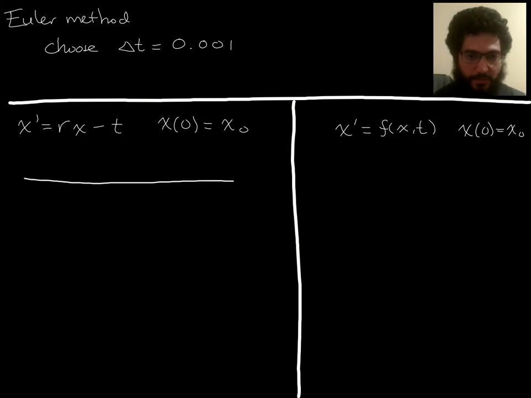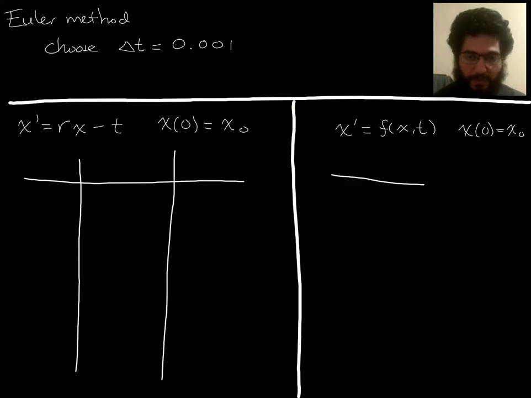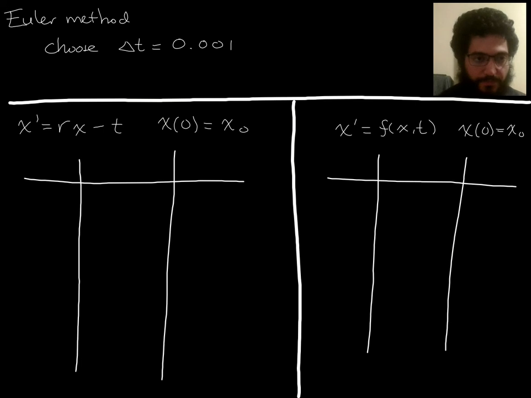So let's make a table, and the idea is to fill out the table as we go along. And I'm going to do this both in general and in the example. So I'm going to have a time column, and at each time I'm interested in knowing about x and about x prime.